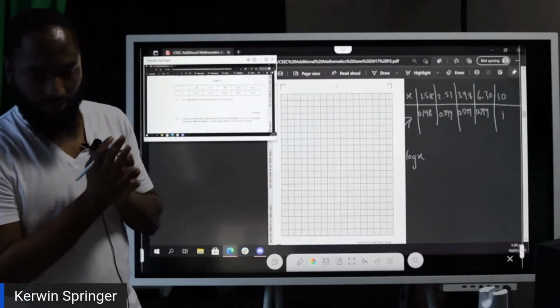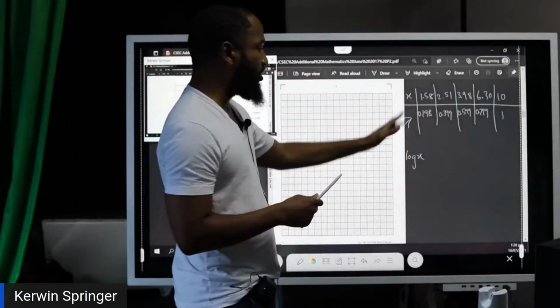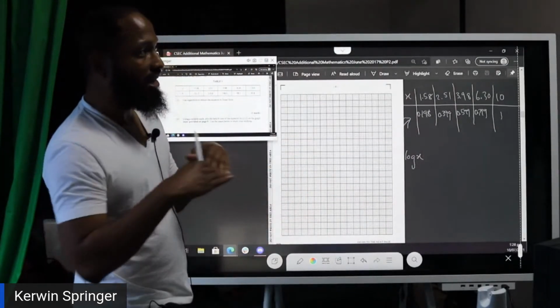So these are the X values, but they're useless for us if we want a linear graph.